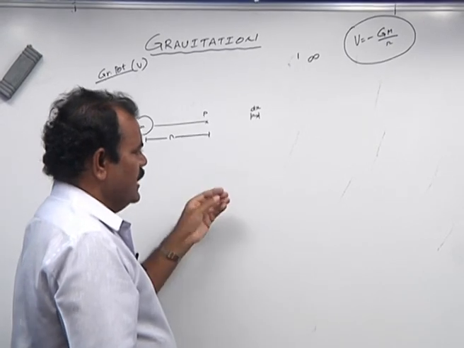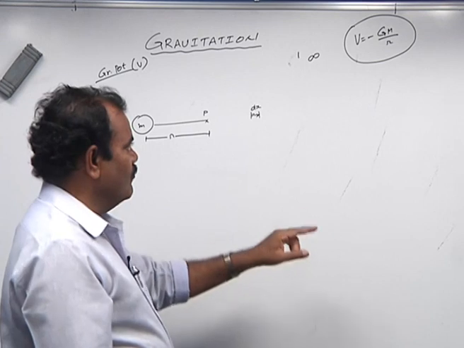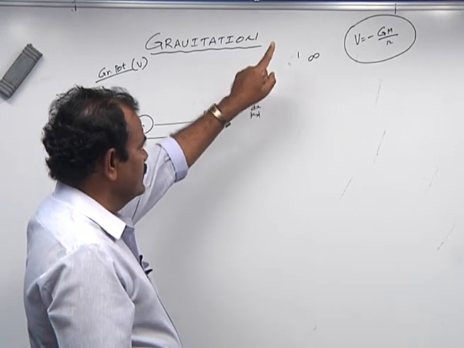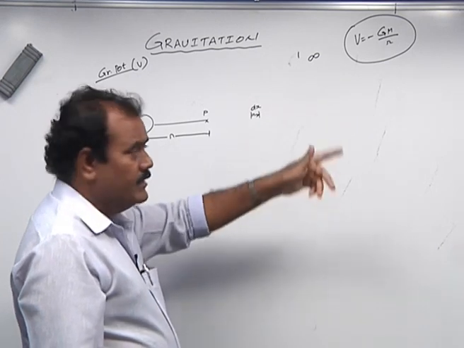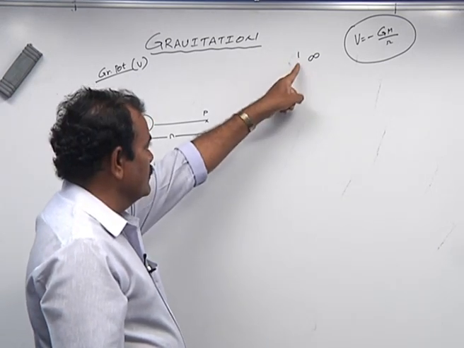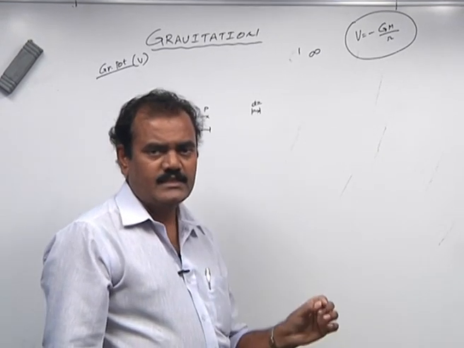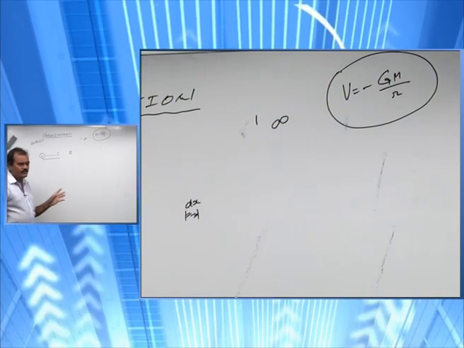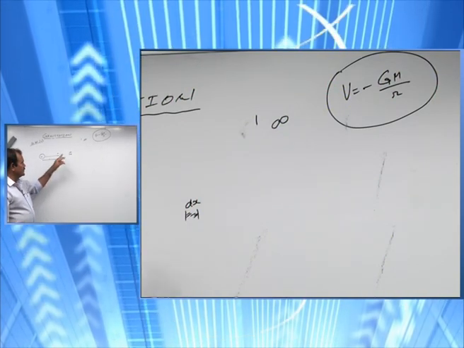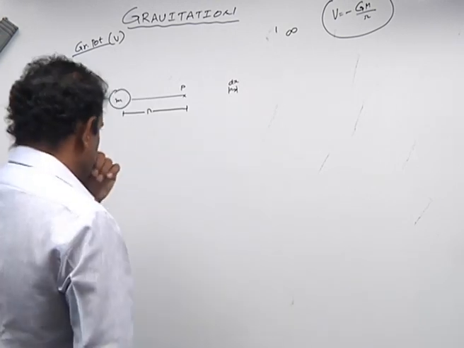The same sign convention comes in electrostatics also. Here the work done by the external agency in bringing this positive unit mass to this point P is taken positive. Next, work done by the field on that unit mass is taken as negative. So we have to understand and apply that sign convention.